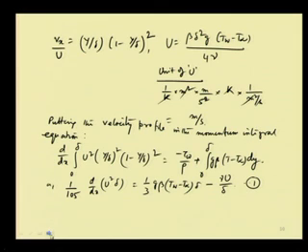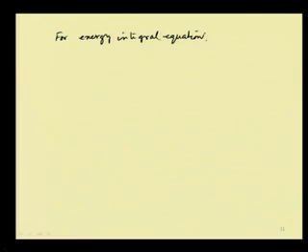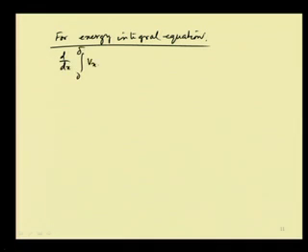If we put this expression in and do the integrations, we come up with this equation. Similarly, for the energy integral equation, it is like this: d dx of the integral from 0 to delta, similar to what we have seen in forced convection, of (T minus T infinity) dy, equals minus alpha into dT by dy at y equal to 0.